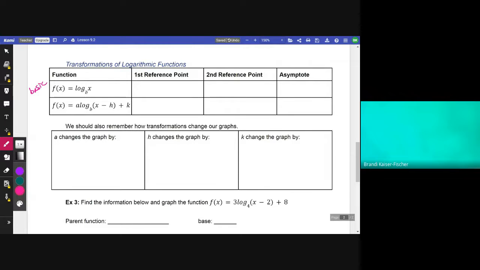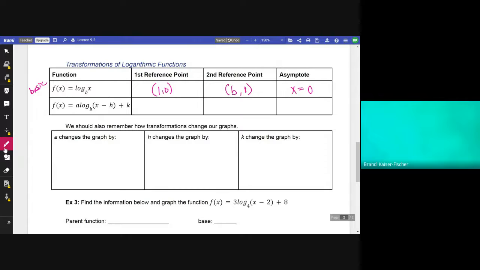So pretty similarly to the exponential, the very first reference point, instead of 0, 1, it's just 1, 0. Any basic one has that first reference point. Second reference point is going to be b, 1, so whatever the base number is, and then a 1 is going to be our reference point. And then this time, like I said, instead of y equals 0, our asymptote is x equals 0 for the basic function.